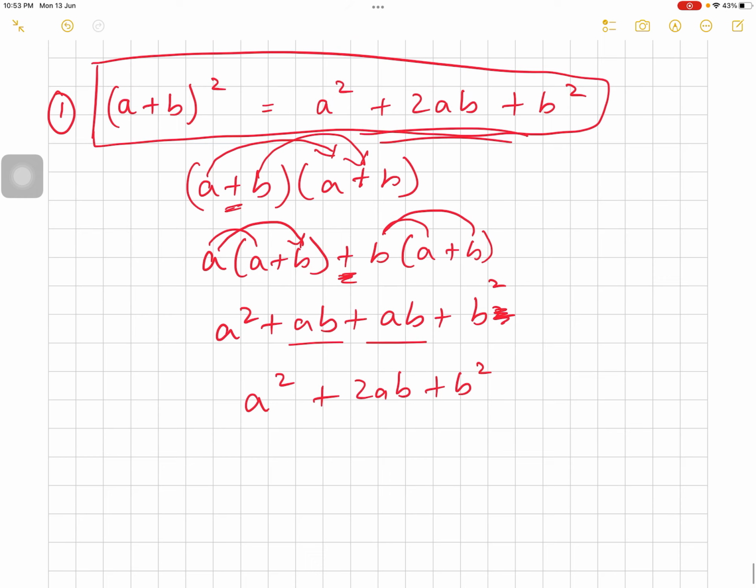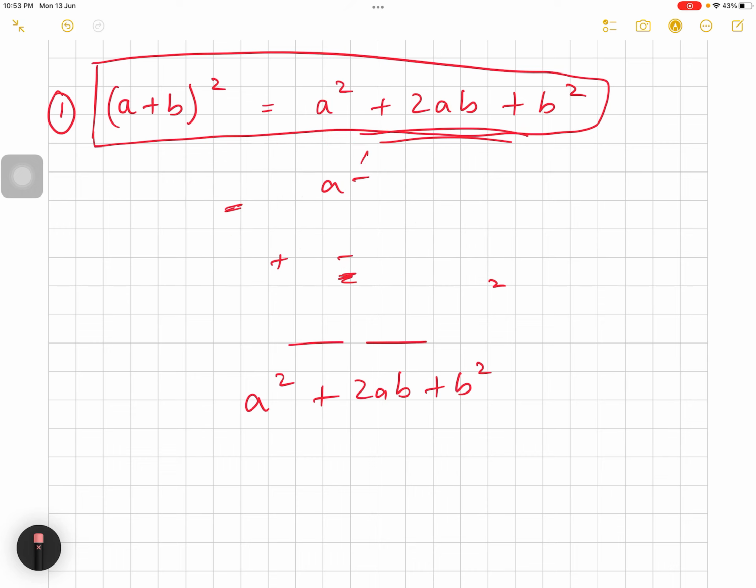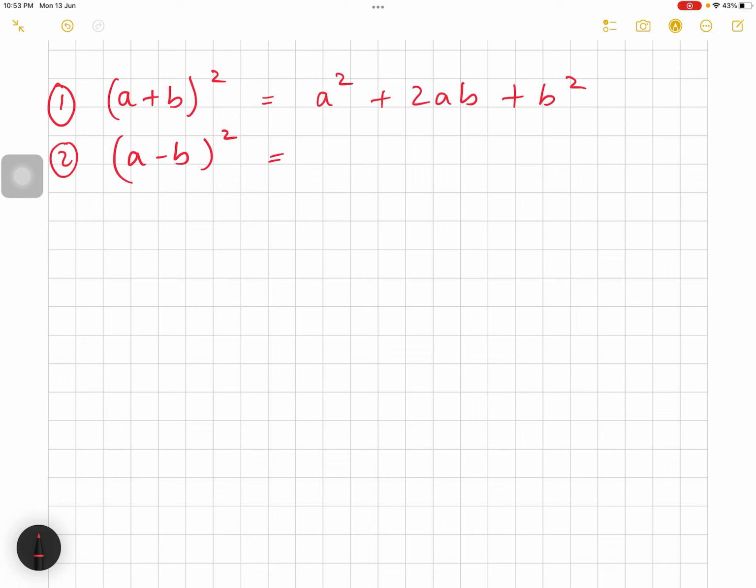We don't have to derive the formulas. I'm just revising with you all how we came up to this formula. Anyway, we don't need this. So this is the first formula. Second formula, a minus b the whole square is equal to a square minus 2ab plus b square.